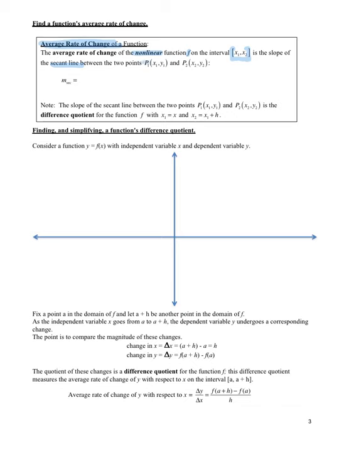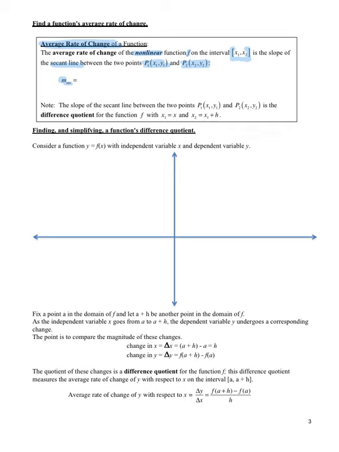So here I've been given 2 points, P1, P2. It has a corresponding x1, y1 value for point 1, and an x sub 2, y sub 2 value for point 2. Now, m represents slope. I have a little subscript sec to say I'm calculating the slope of the secant line.